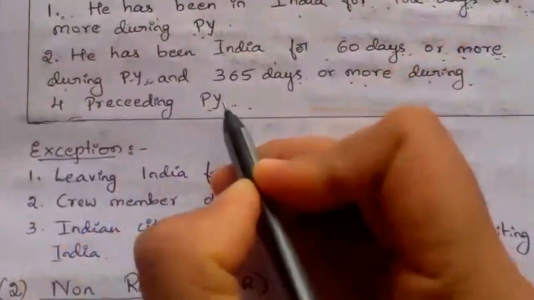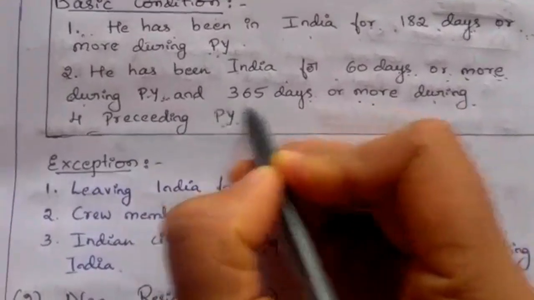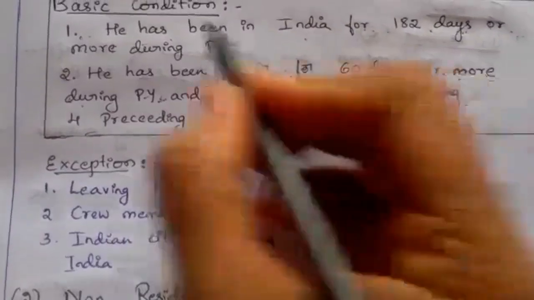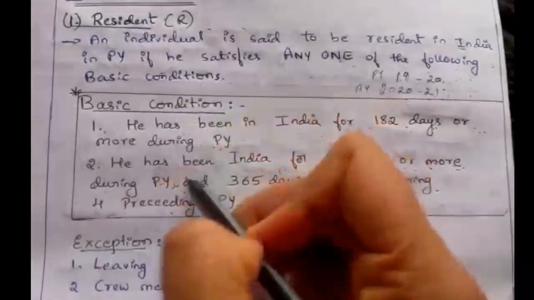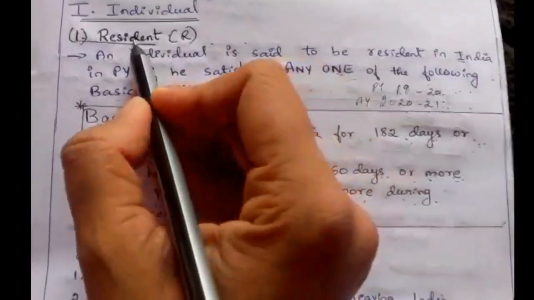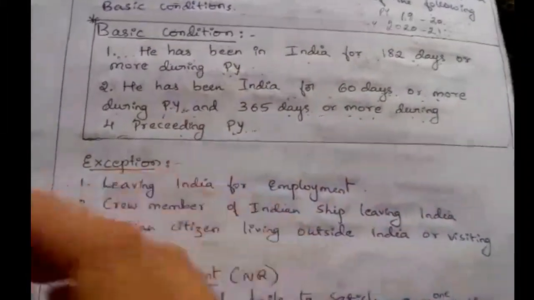Likewise we have to take a total of 4 preceding previous years, in which he should have stayed in India for 365 days or more. So these are the 2 conditions. If he satisfies any one of these basic conditions, then he is treated as a resident in India in the previous year. There are some exceptions to the conditions.